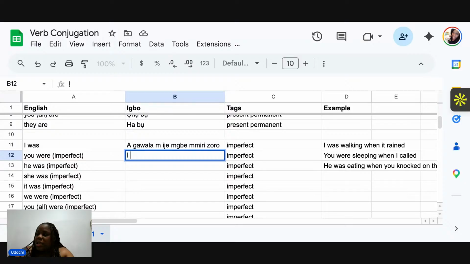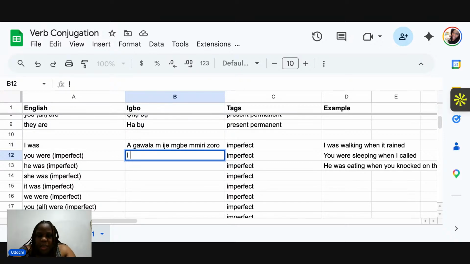So you will say I... I'm gonna figure out how to try to conjugate this.